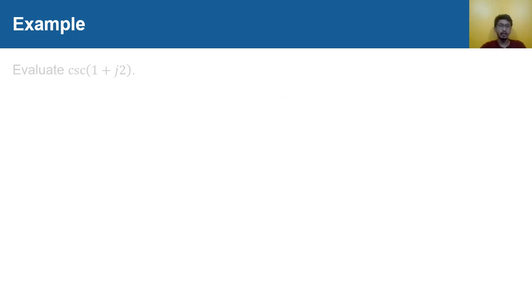Next example, evaluate cosecant of 1 plus j2. For the solution, as you can recall, cosecant of z is equal to 1 over sine of z. So we need to get sine z first.